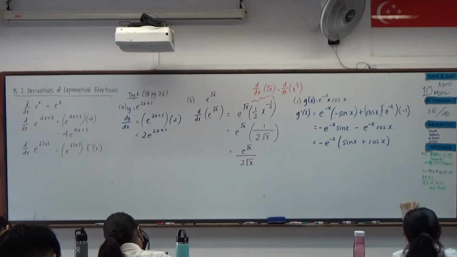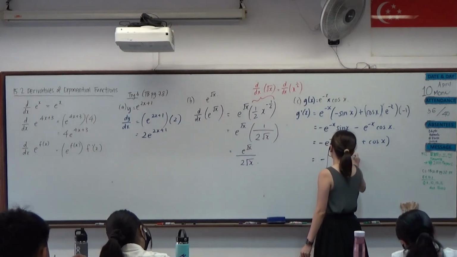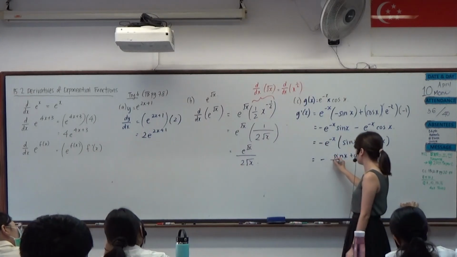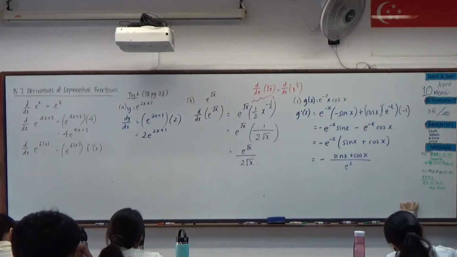Then if you don't like it to be in negative powers, you can place it as a fraction and put it into the denominator. Okay, multiple ways of presenting your answer.